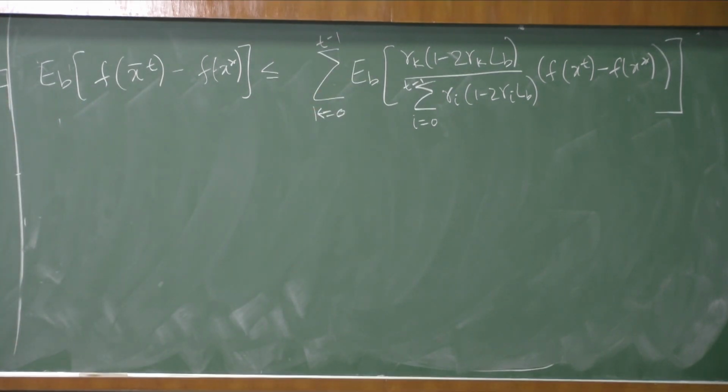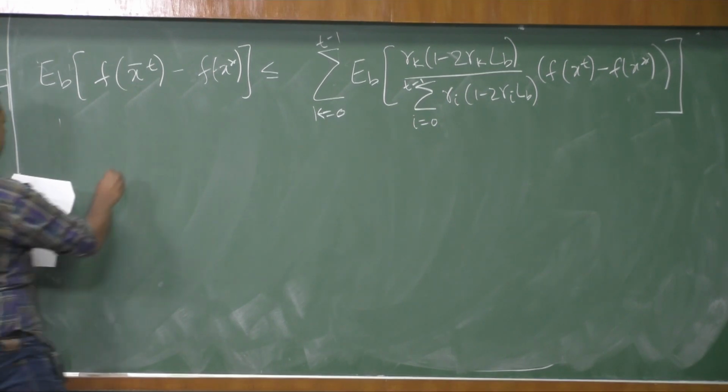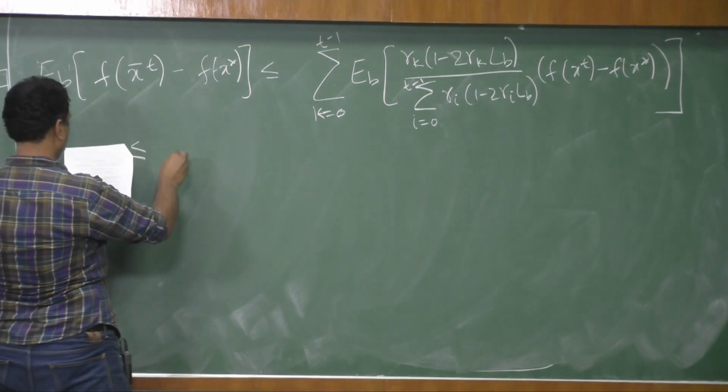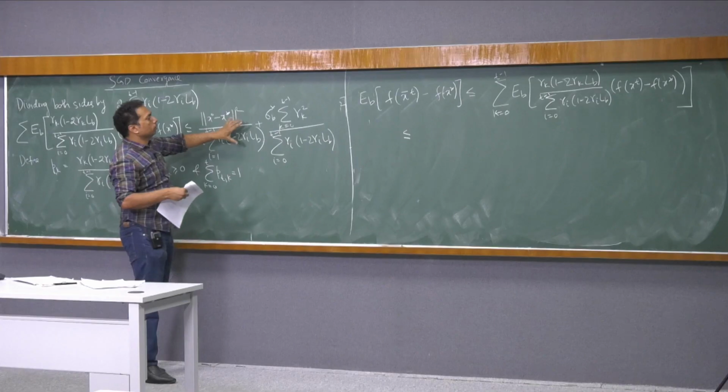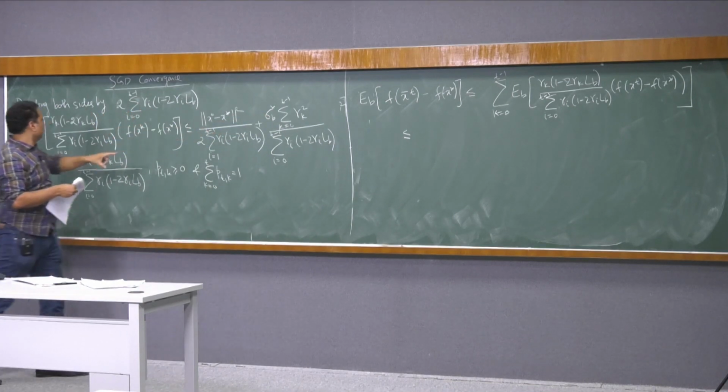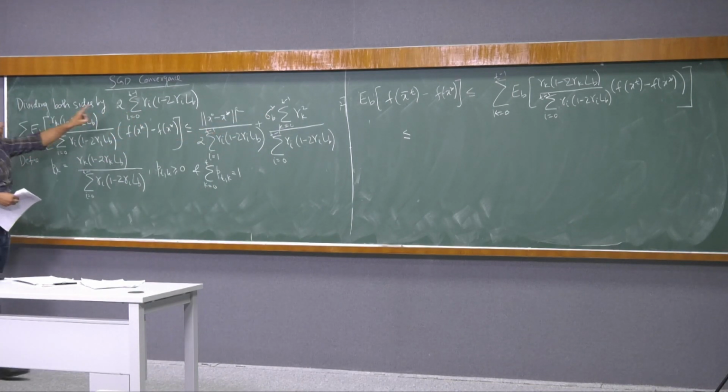So that's it basically. The last line is just a breakup of this. Overall, this guy was less, and the right hand side there is this, and now this is again less.